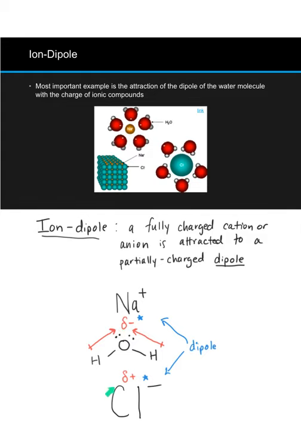Chloride anions arrange themselves preferentially around the partially positive hydrogen ends of the water molecule. The reason that they do this is due to the ion dipole attraction, and if this ion dipole attraction is more preferential than the attraction between sodium and chloride ions, then sodium chloride can dissolve in water.